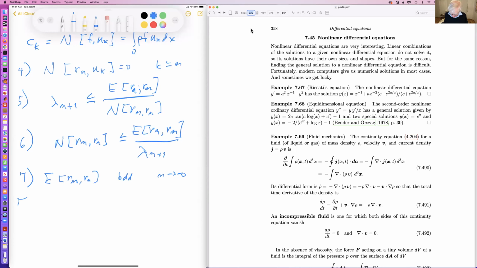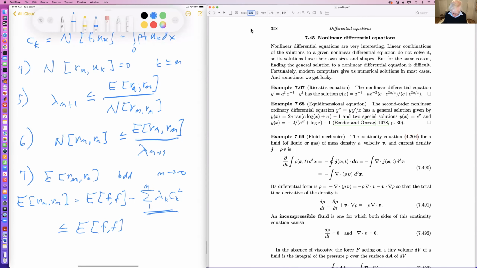And the reason is that E of Rn is E of f, f being the function we're approximating, minus a bunch of coefficients, lambda k ck squared, summed from 1 to n. And these guys here eventually become positive, and so this is less than or equal to E of f f.